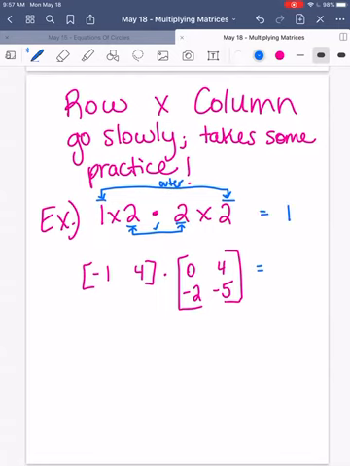So that means a 1 by 2 times a 2 by 2 will give us a 1 by 2. Remember, that means one row and 2 columns. So I'm going to go ahead and leave it like that because that's where I'm going to put my final answers in just a moment.